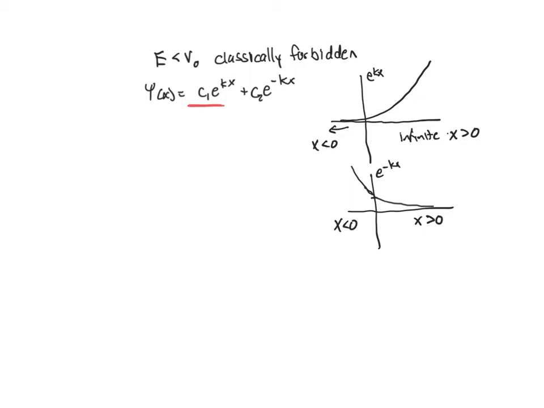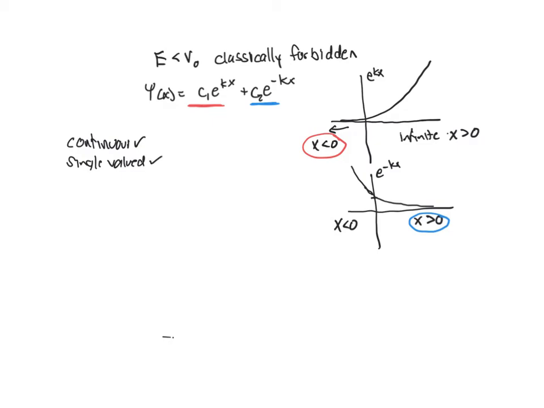then it's going to go to infinity. So this part of the wave function is only acceptable for x greater than 0, and this part of the wave function is only acceptable for x less than 0. So if we look at each of these functions, we can see that they are continuous, both of them. They are both single-valued.